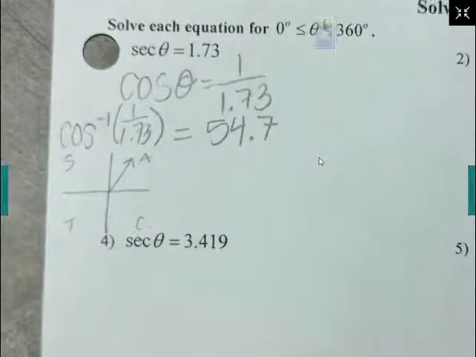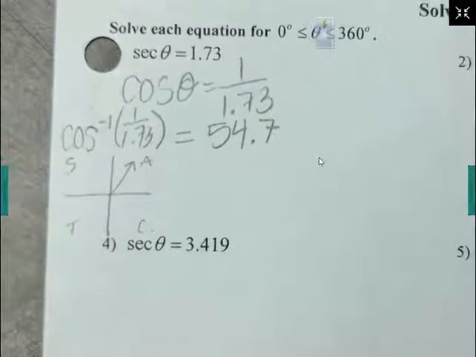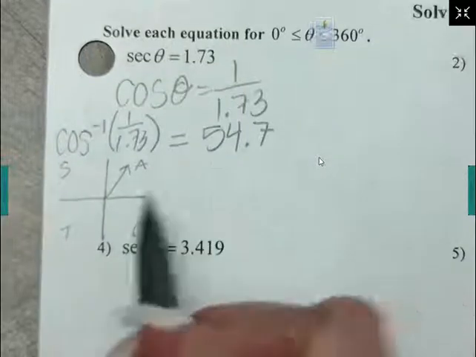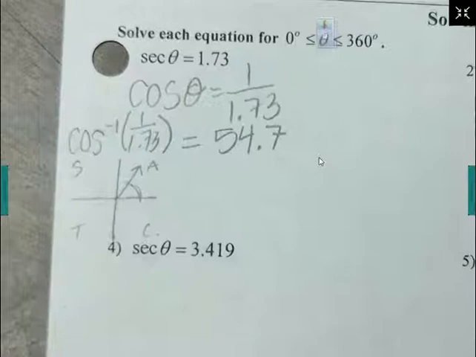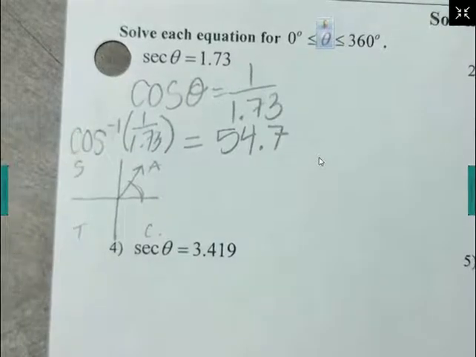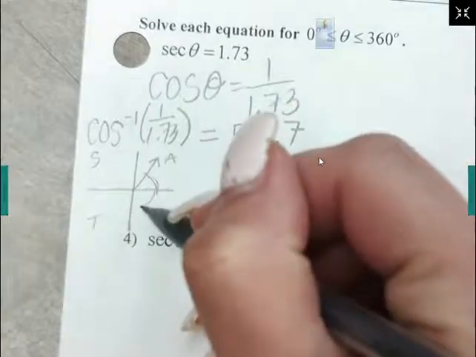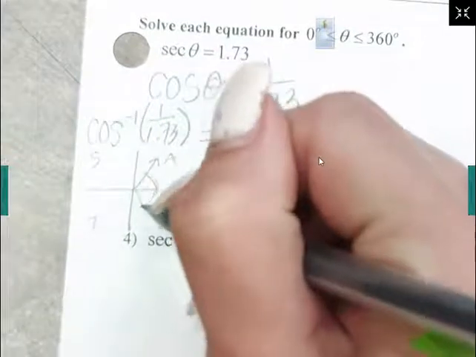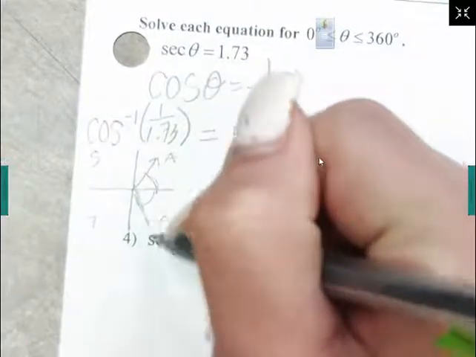We want the reference angle. What'd you say? The reference angle is this angle right here, which we saw is 54.7, right? So we just want to rotate this way, 54.7. So it's going to look maybe something like this.